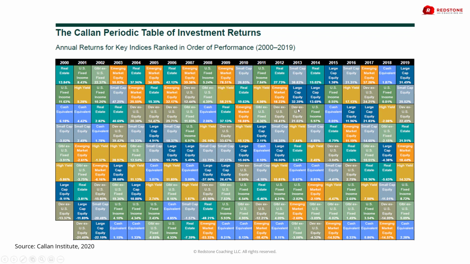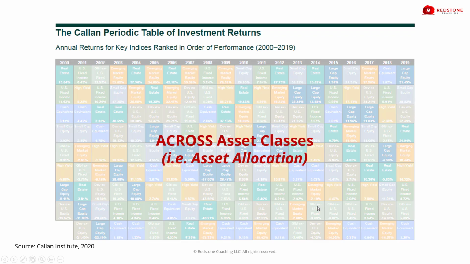So this could be called European stocks and developed Asian stocks. In 2013, they performed 21%, but then in 2014, they lost 4%. So that asset class did really well one year and then really poorly the next year. Again, it's very difficult to choose what asset class is going to do very well.